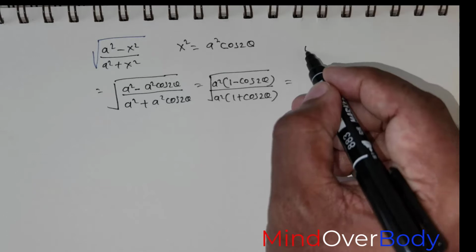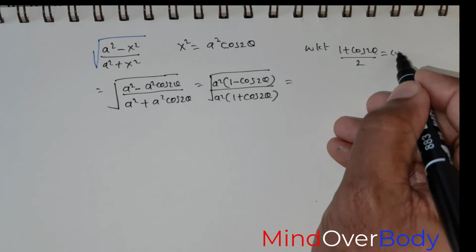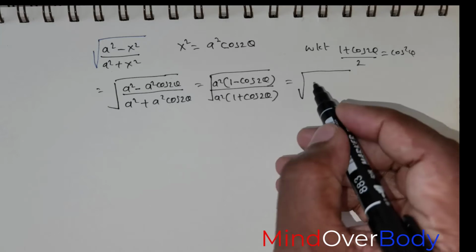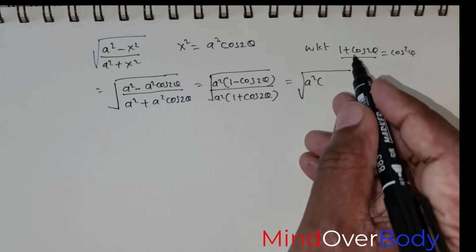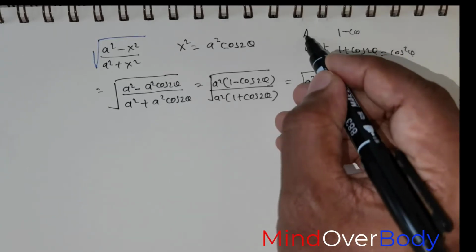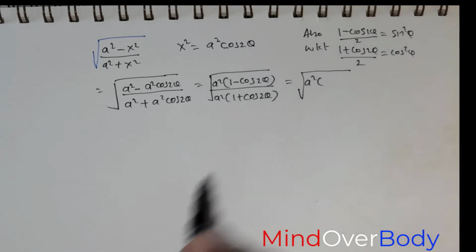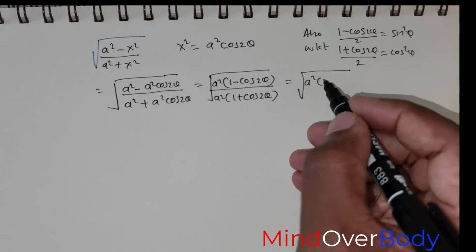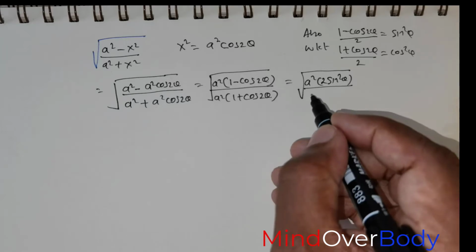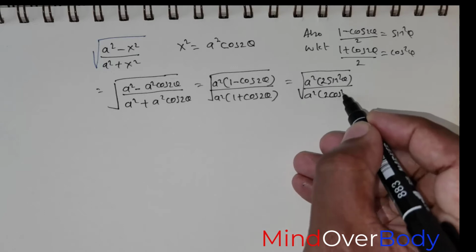is equal to, now we know that (1 plus cos 2 theta) divided by 2 is cos squared theta, and also (1 minus cos 2 theta) divided by 2 is sine squared theta. So this is going to be 2 times sine squared theta divided by a squared times 2 times cos squared theta.